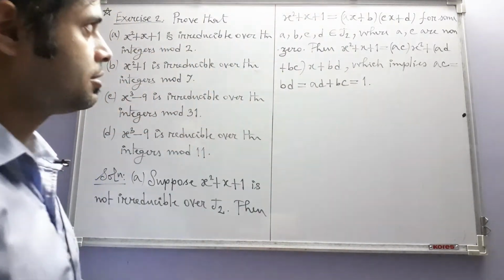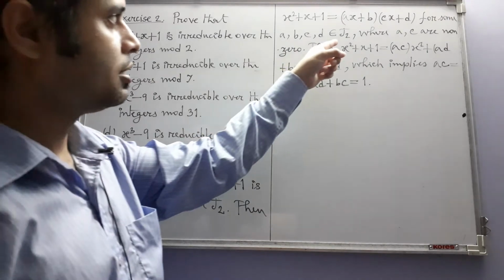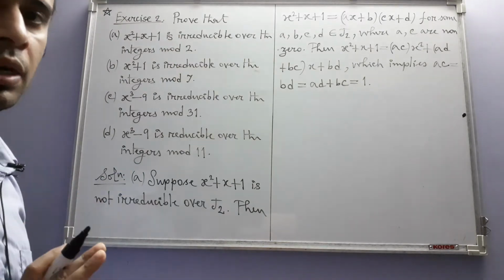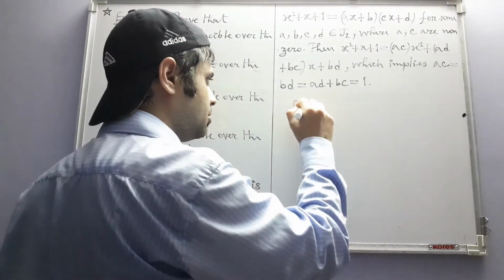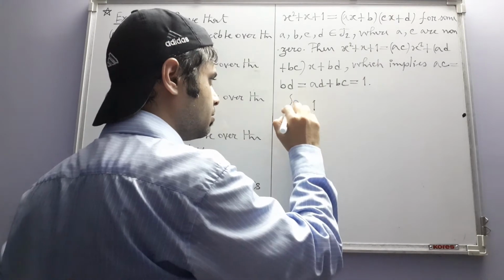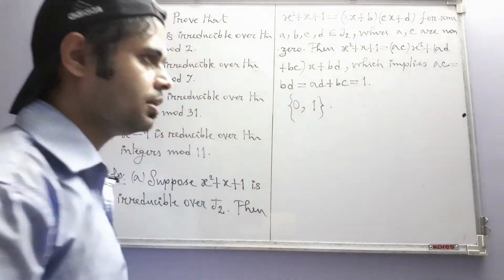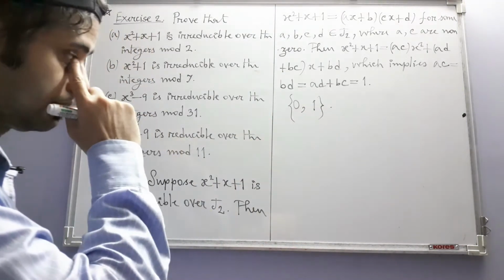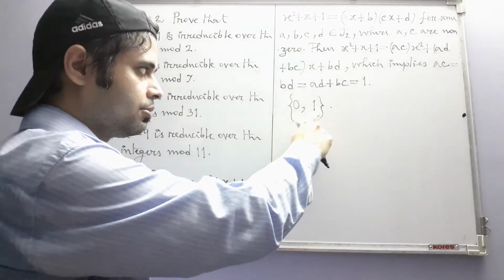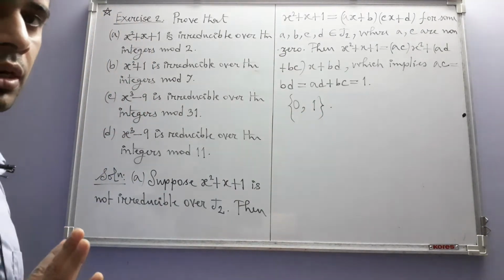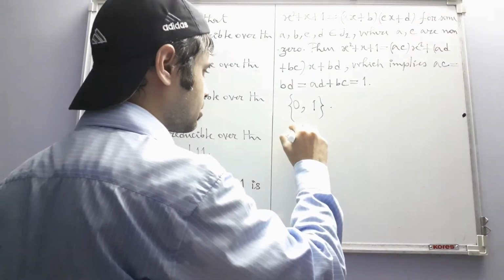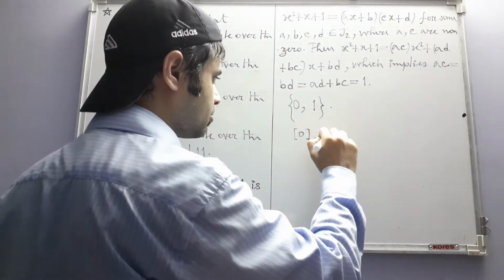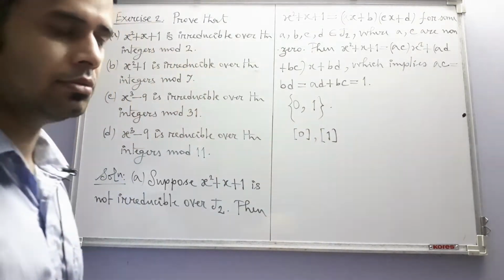Now note that a, b, c and d are elements in J2, and J2 we know has two elements. One of them is 0 and the other is 1. Here we confuse ourselves a lot because of these notations. 0 is not the number 0 and neither is 1 the number 1. 0 is the congruence class containing 0 modulo 2 and 1 is the congruence class containing 1 modulo 2.